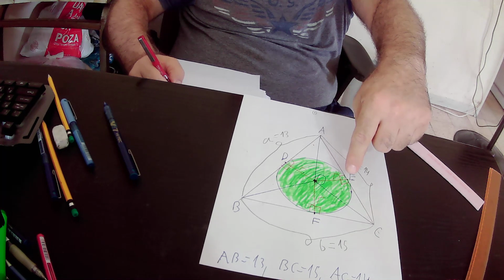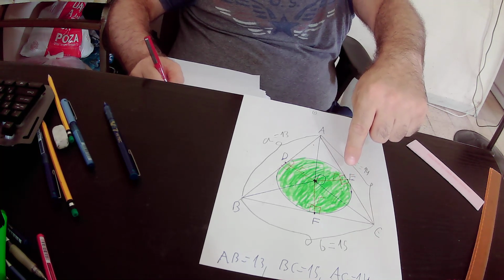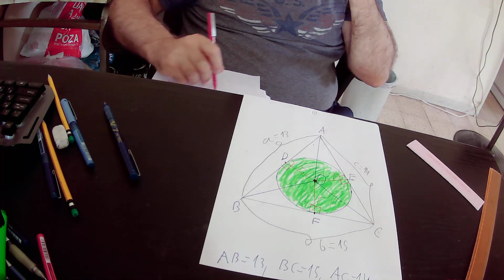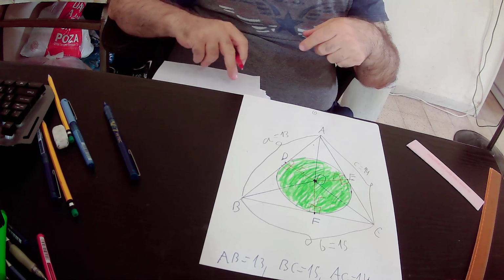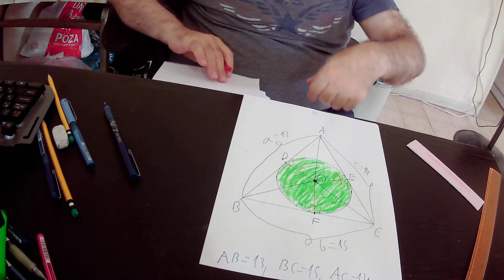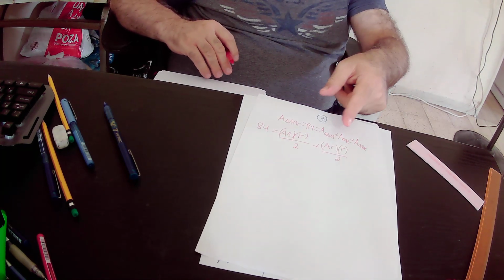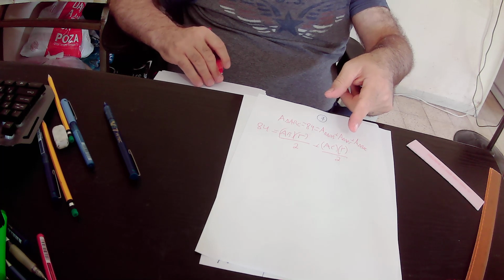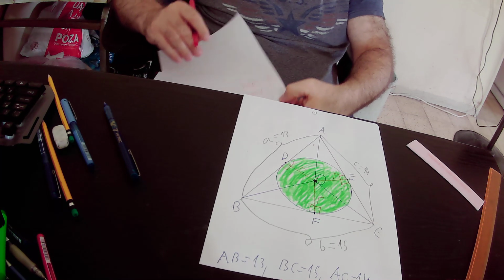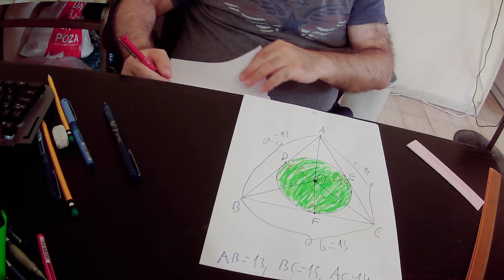This angle is a right angle, and this angle is also a right angle. So the area of triangle AOC equals the base AC times the height to the base, that is the radius, over 2. Okay?